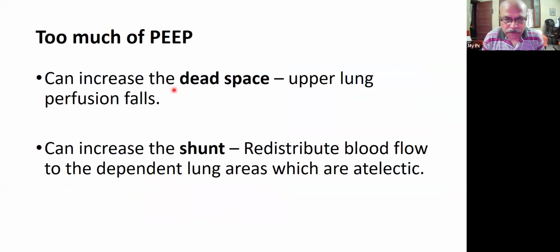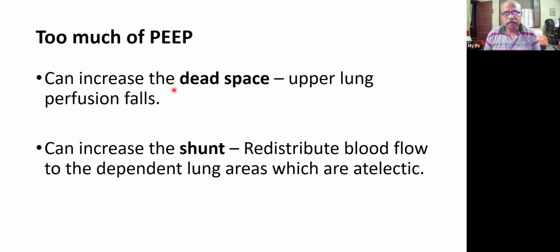Now, if we give too much PEEP, it can increase the dead space in the upper zone, because PEEP increases the alveolar pressure, which will go above the pulmonary arterial pressure, and so we get dead space. And in the lower zone, it can increase shunt, because it redistributes the blood flow to the dependent lung regions which are atelectatic.